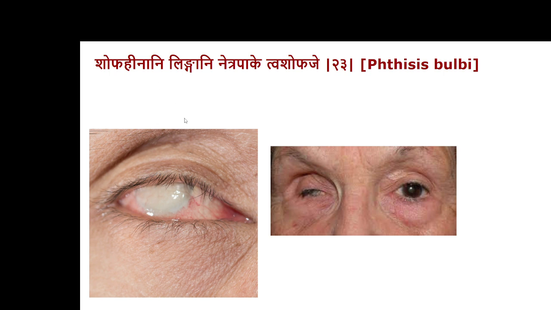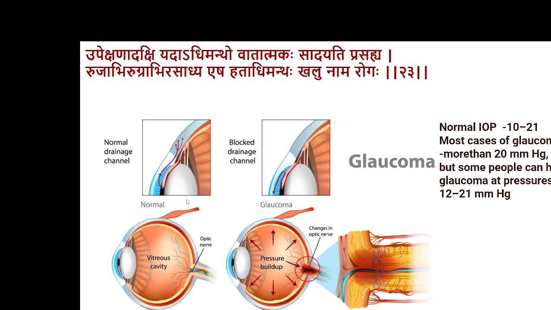Shofahina Lingani, all the other symptoms of panophthalmitis and the shopha would be absent, it becomes shrunken. That's the Ashophaja Netrapaka or phthisis bulbi. In these phthisis bulbi conditions, there is no question of any other recovery. The only thing is for cosmetic purposes, you may have to remove the eyeball and keep some prosthesis over there.